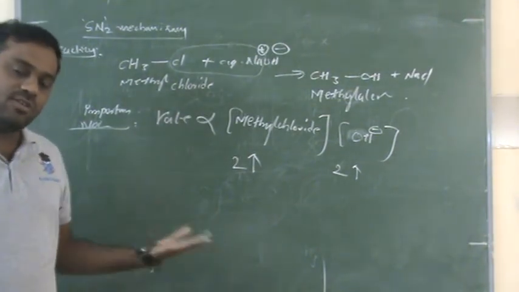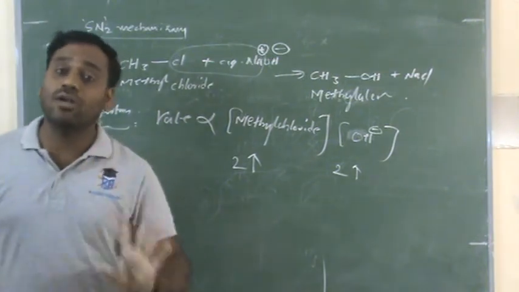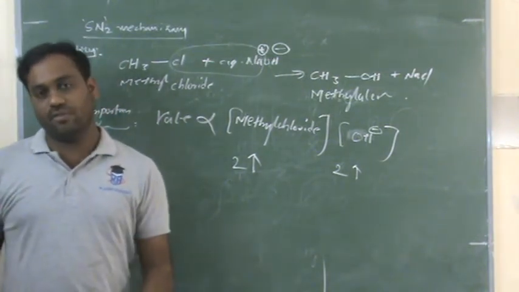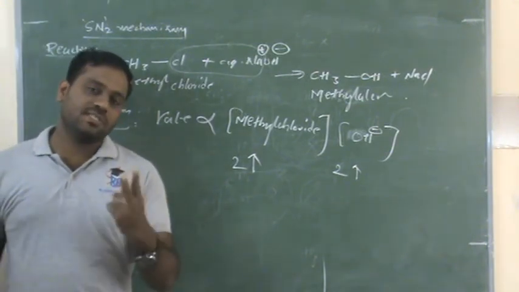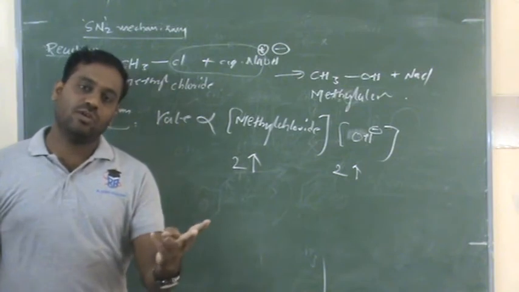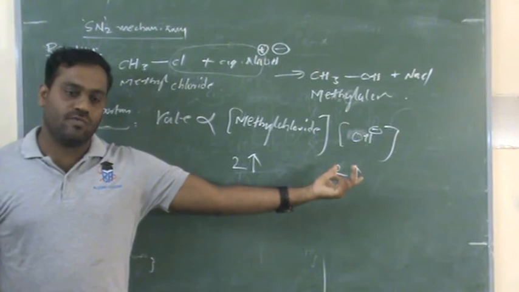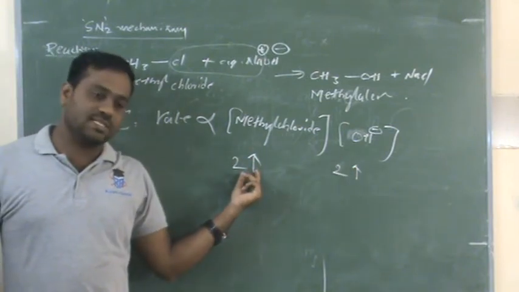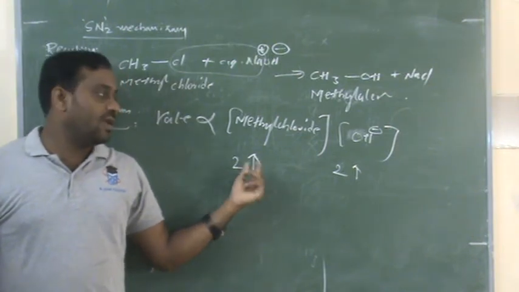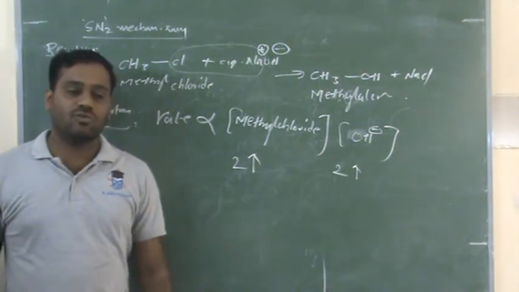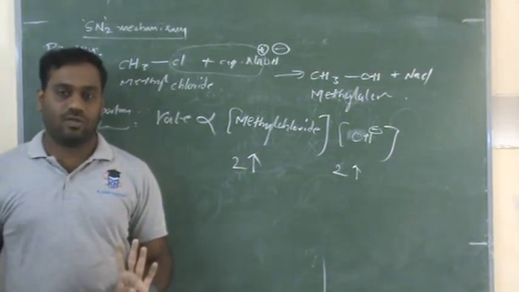Then the rate of the reaction becomes 4 times. Why 4 times, guys? Because the rate depends upon both molecules here, the methyl chloride and the nucleophile. So if I increase both concentrations 2 times, the rate of the reaction increases by 4 times.